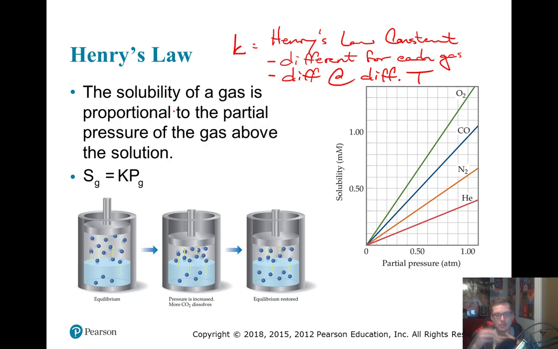Because you've increased the partial pressure of the carbon dioxide gas above the solution, much more carbon dioxide is going to dissolve in the soda. Then that extra dissolved carbon dioxide makes it more fizzy. Then they put the caps on and all that jazz.